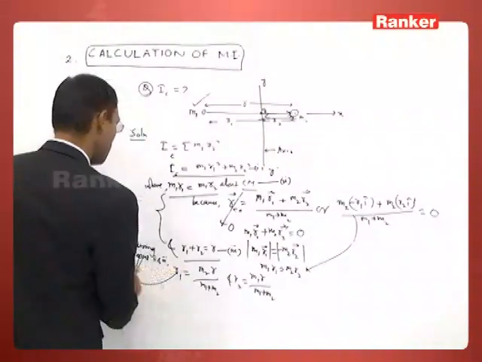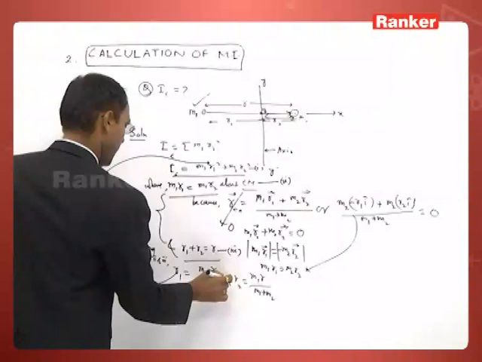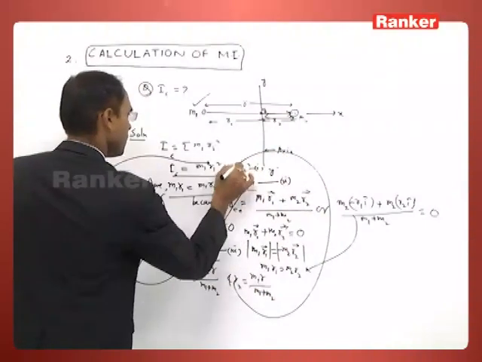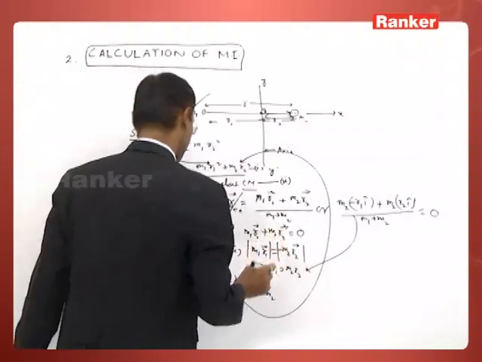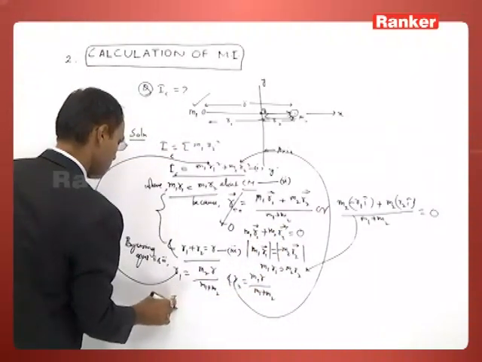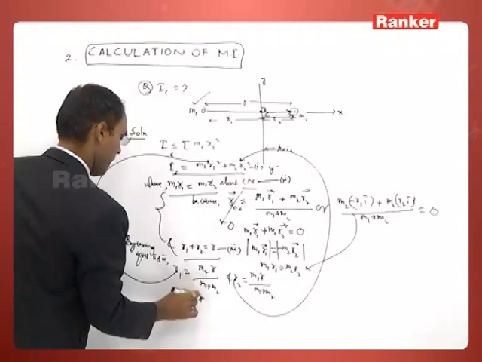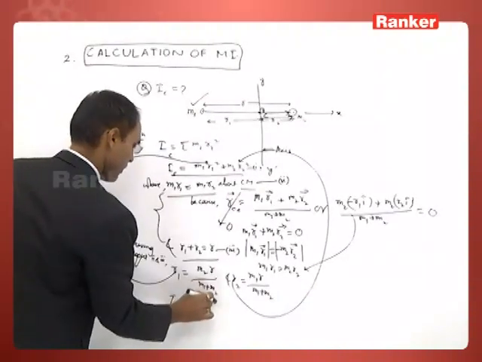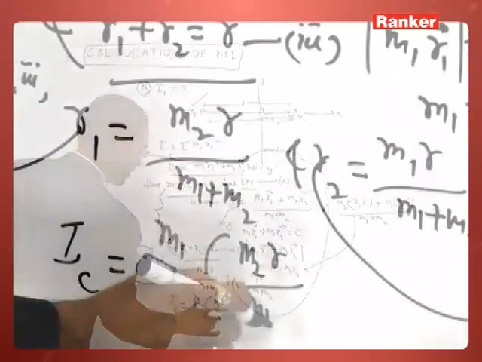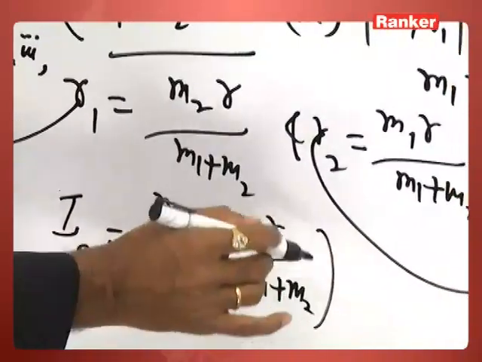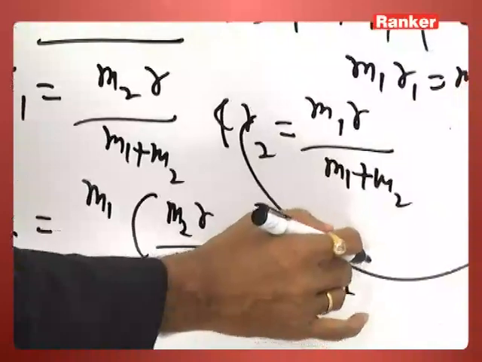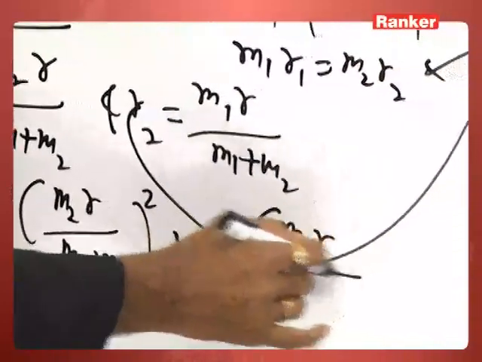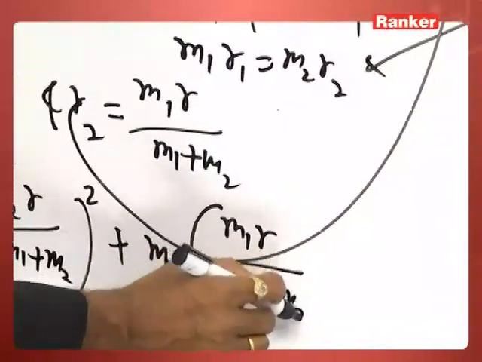Now substitute R1 and R2 in equation 1 to get IC is equal to M1 into M2 R by M1 plus M2 whole square, plus M2 into M1 R by M1 plus M2 whole square.